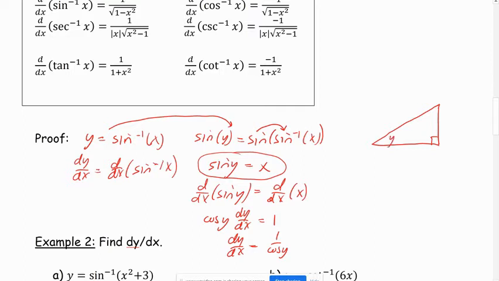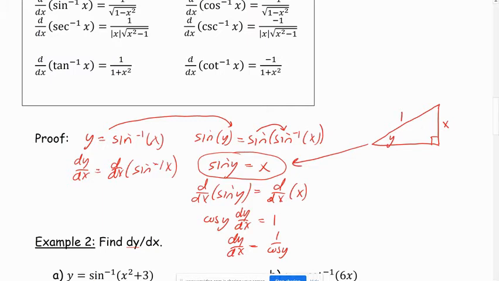So if we say this is angle y, the sine of angle y should be the ratio of opposite. So if we call this x over hypotenuse 1, then this triangle is consistent with this equation. The sine of y is equal to opposite over hypotenuse. So the sine of y is equal to x, which is x over 1.